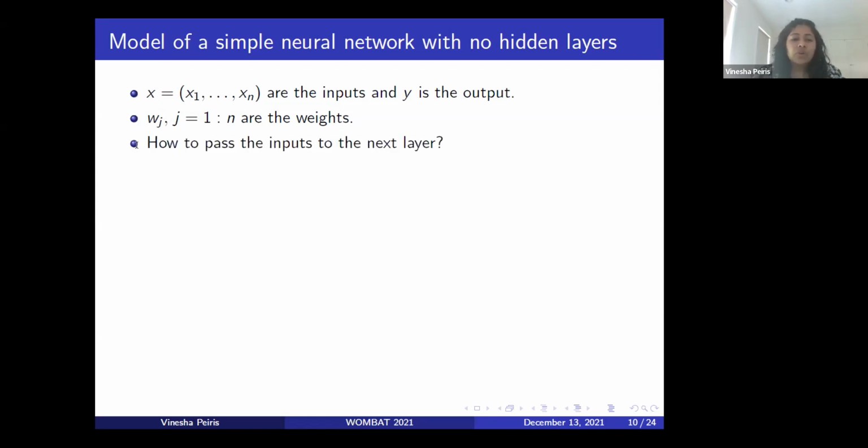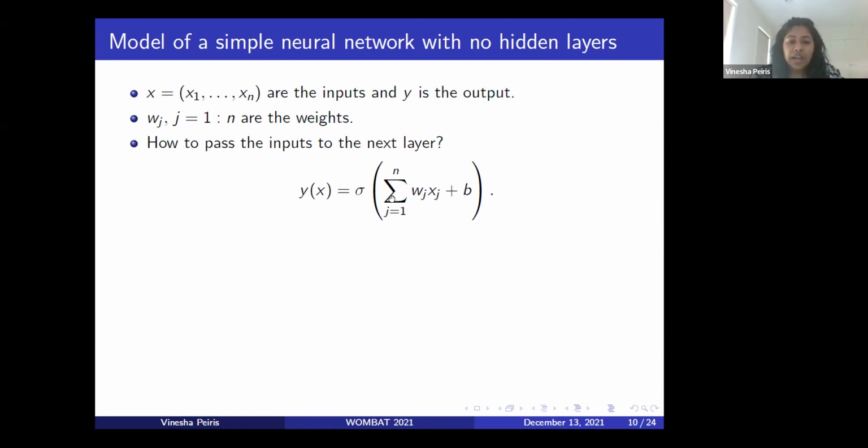So how do we pass this input to the next layer? The first thing you should do is take the linear combination of your weights and the corresponding inputs, and then add this bias term. It makes sure that your output is as close as possible to the original output that you are looking for.